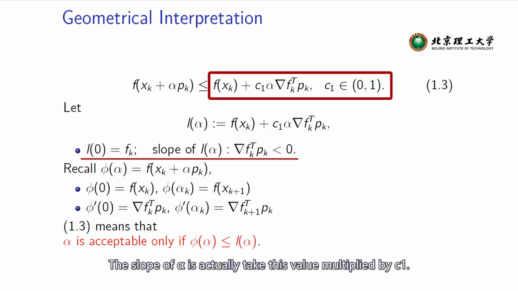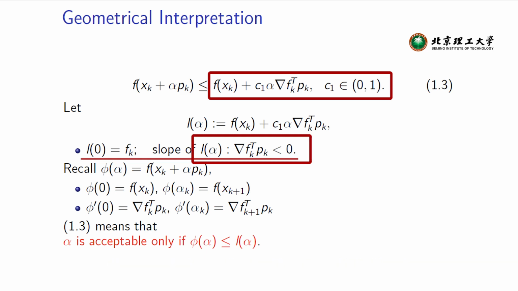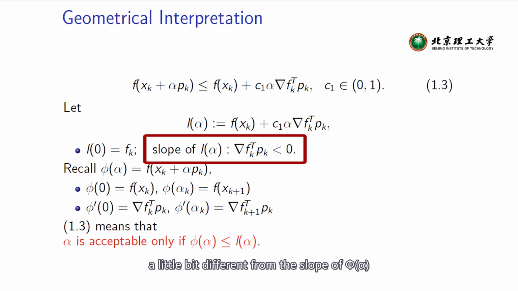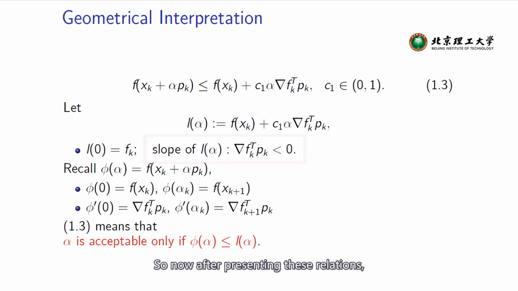The slope of L(alpha) is this value multiplied by c1. However, the slope of L(alpha) is a little different from the slope of phi(alpha) because they have a ratio relationship.